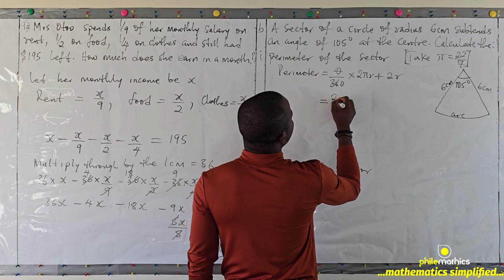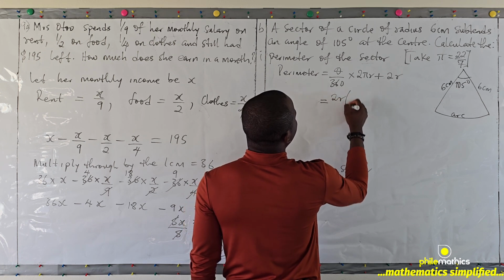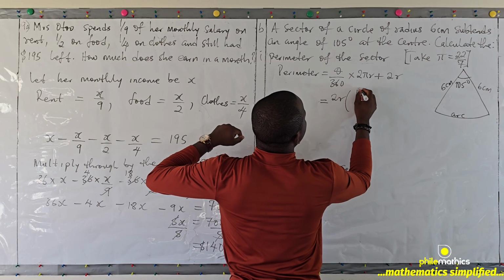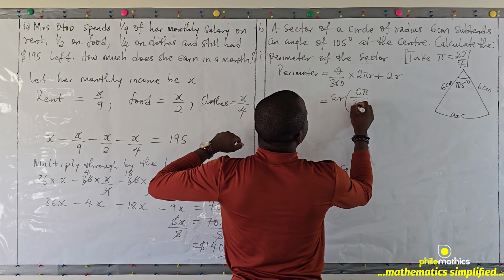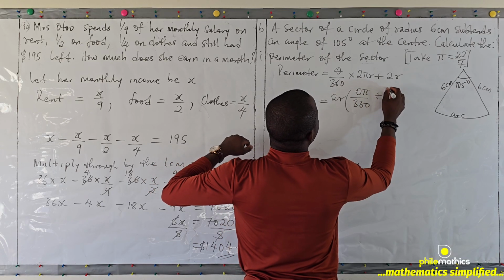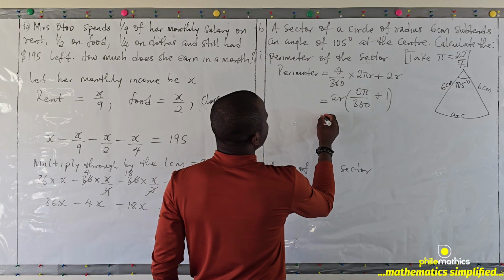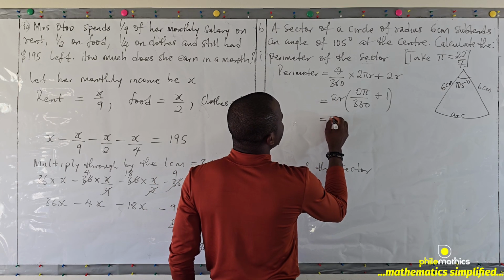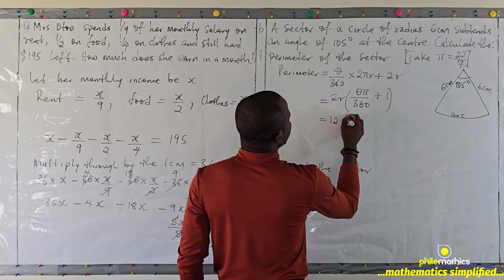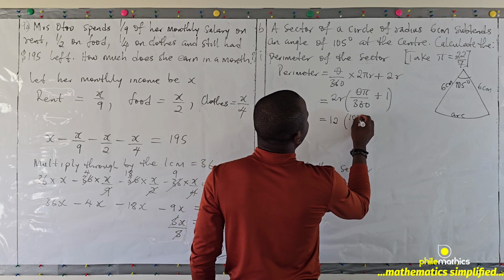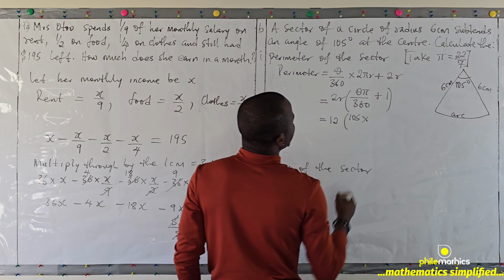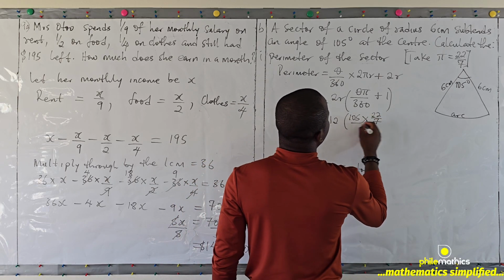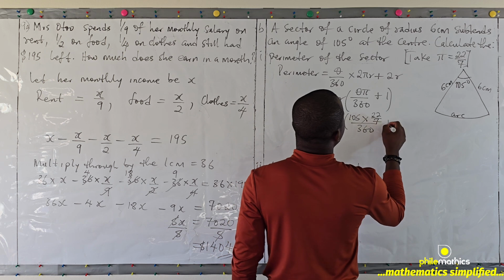To make things easier, we can factorize 2r out and we get 2r bracket. We are left with theta pi over 360 plus 1. And so this is 2 times 6, which is 12, times theta, 105, times pi, 22 over 7, over 360, plus 1.